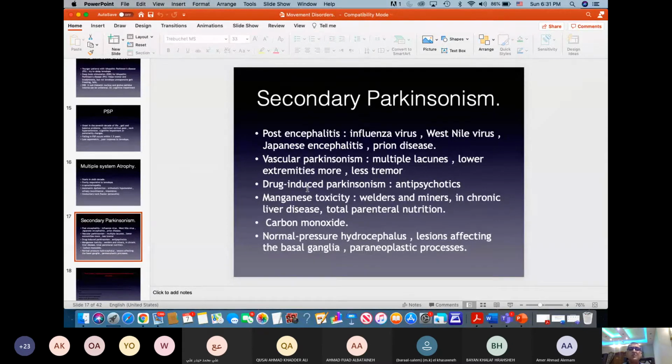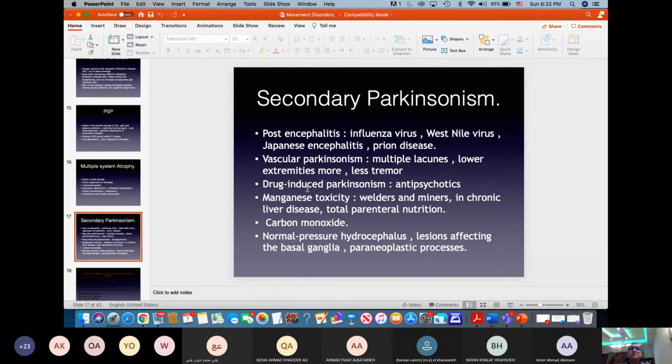Drug-induced, we see it mostly with antipsychotic medications, especially the old generation antipsychotics like Haldol, if you remember from psychiatry, haloperidol, the brand Haldol, and even the newer agents like aripiprazole and risperidone. All of these, with long-term use, can lead to Parkinsonism.